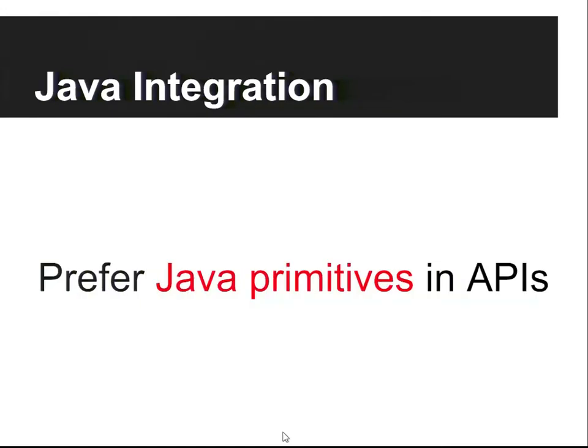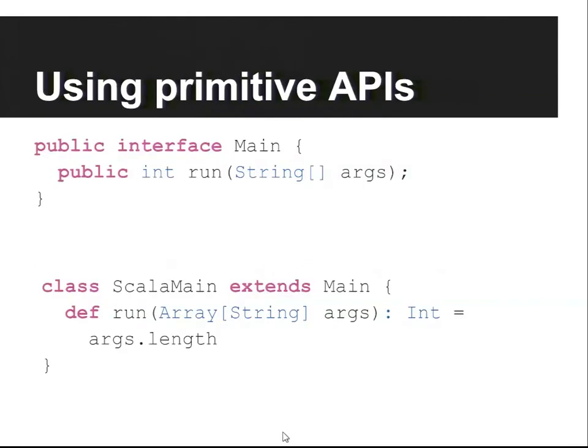You should also prefer Java primitives and APIs. Why? Well, because Scala has its own collections library, and the Java collections library is actually kind of terrible for Scala because everything is mutable. If you take an array in Scala, arrays are pretty efficient. You can make use of all the really powerful Scala methods on arrays directly, so they come in nice.